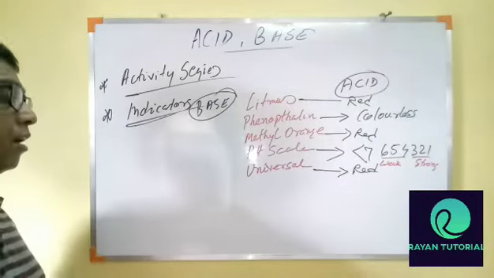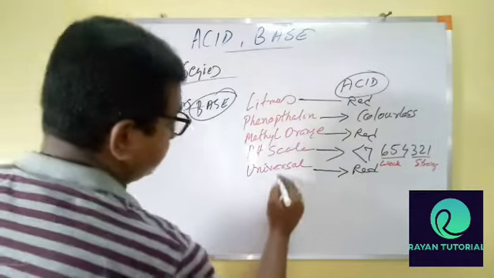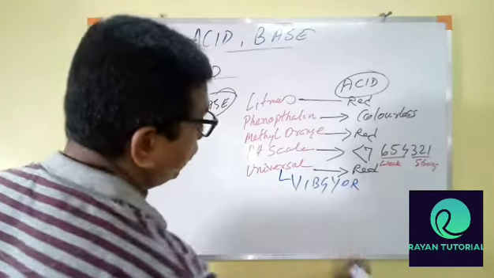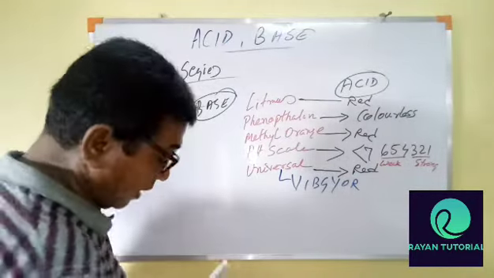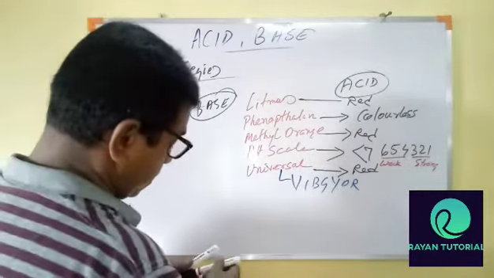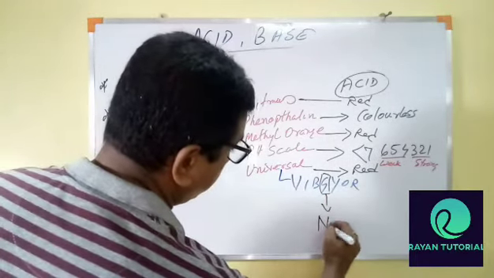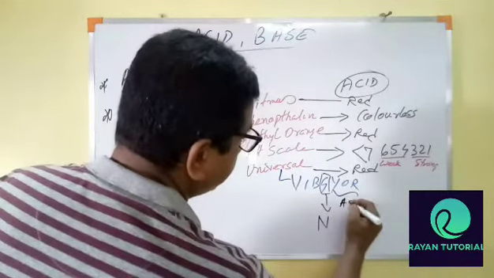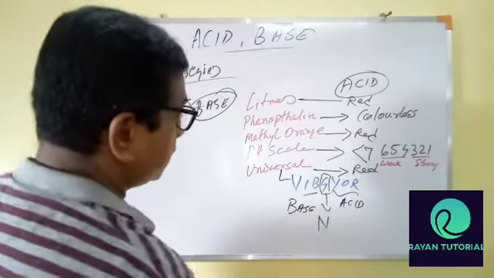Is that clear? Now universal indicator is red for acid. It works like a rainbow spectrum. In the middle is green, which is neutral. This side is acid and this side is base.